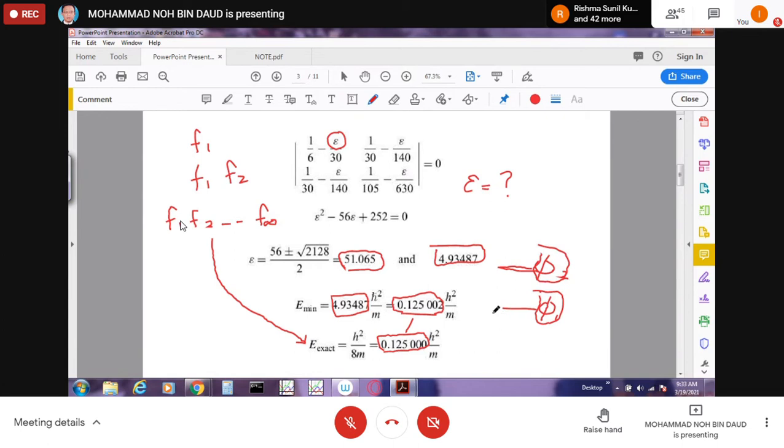So we know this trial function here has these coefficients C1 and C2. We must know what this C1 and C2 are in order to find the explicit form of these trial functions.